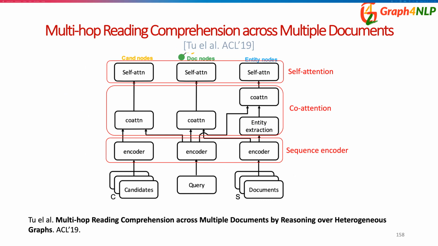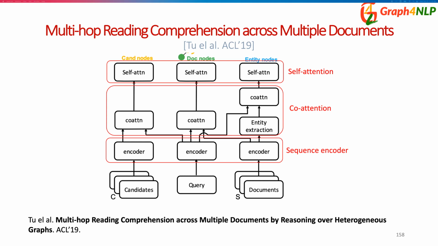The main difference is that the first paper I just mentioned only takes entity level information into account. In this new paper, they try to take information from different granularity into account. From candidate, document, and entities, it first generates query-aware candidate, document, and mention vector representations with co-attention and self-attention.